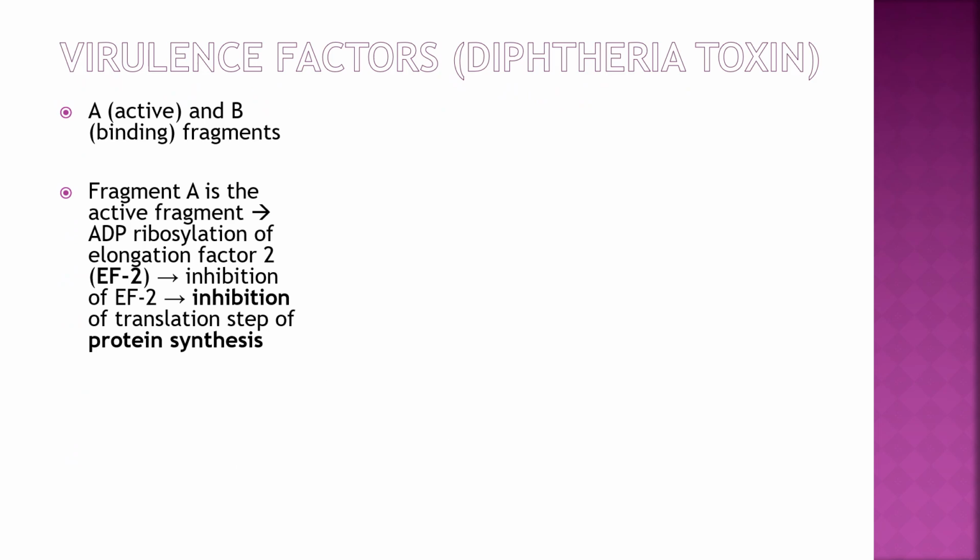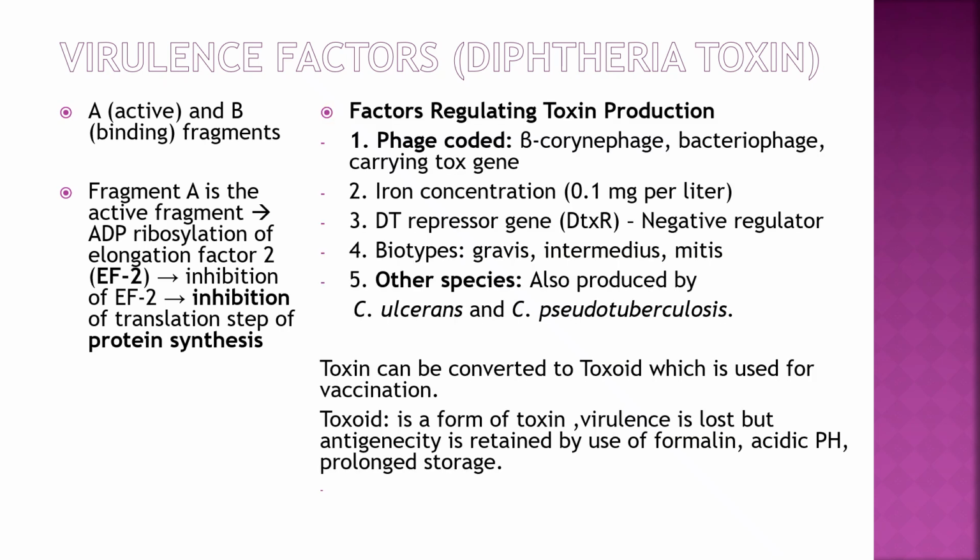Inhibition of the translation step of protein synthesis is the mechanism of diphtheria toxin. The factors regulating this toxin production are: phage coded bacteriophage, also called beta corynephage, which carries the tox gene; then iron concentration, which should be 0.1 milligram per liter.